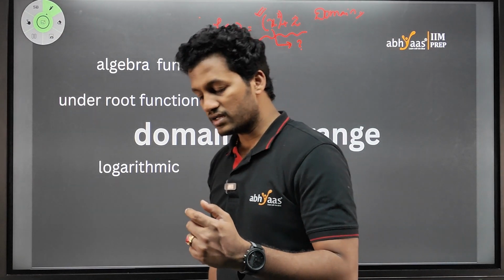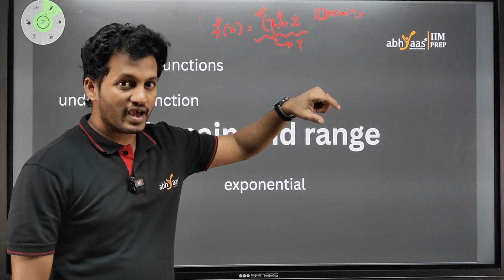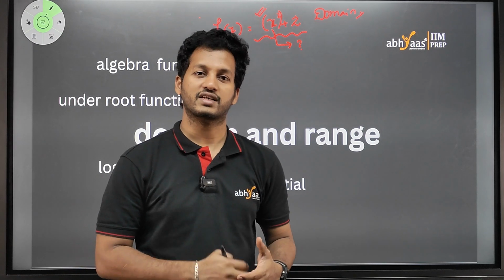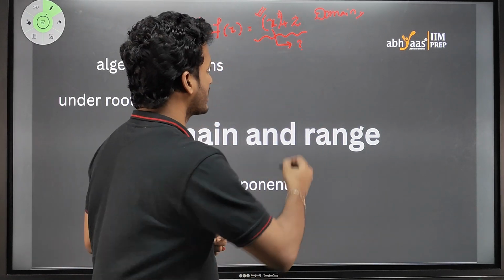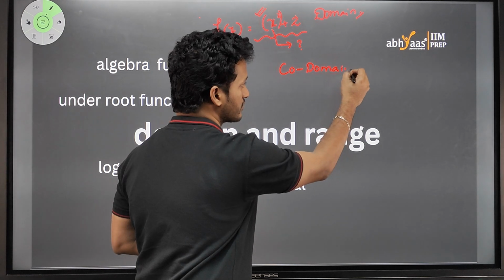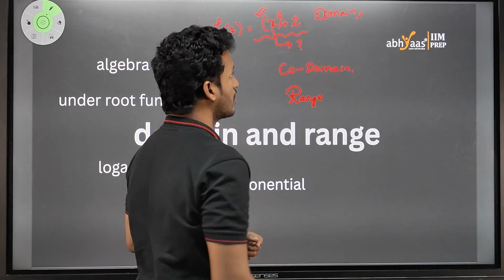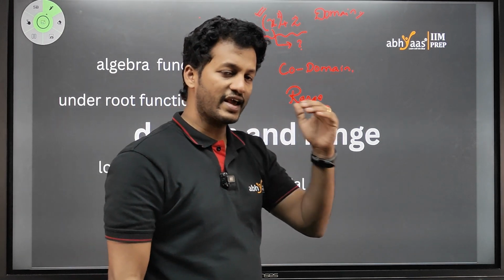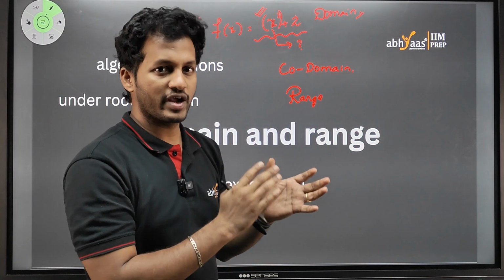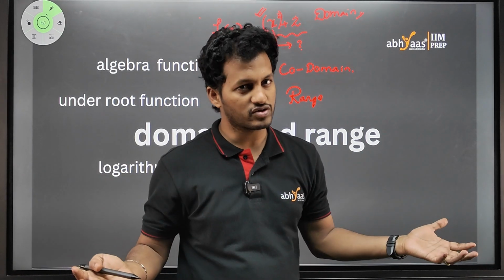Some people, even now, get confused between codomain and range. Are they same or are they different? Yes, exactly, they are different. What is codomain and what is range? Now, there is a limit for domain also. I cannot take infinite values of domain.